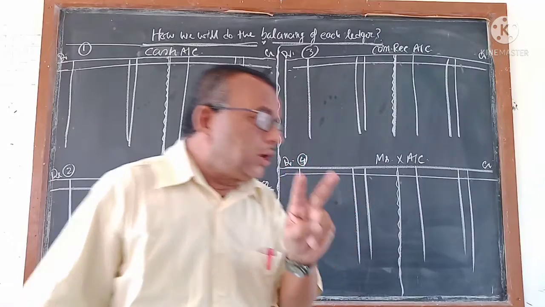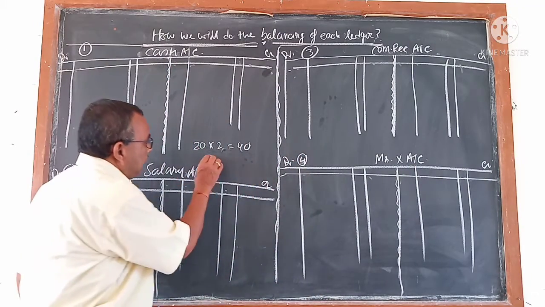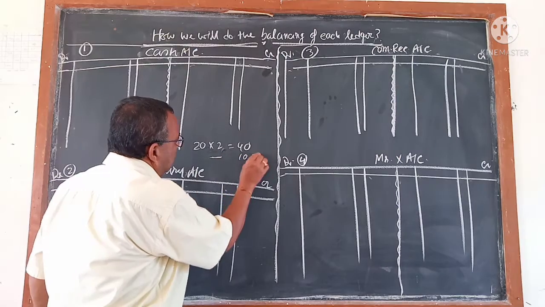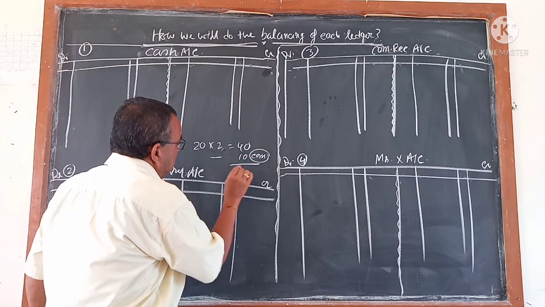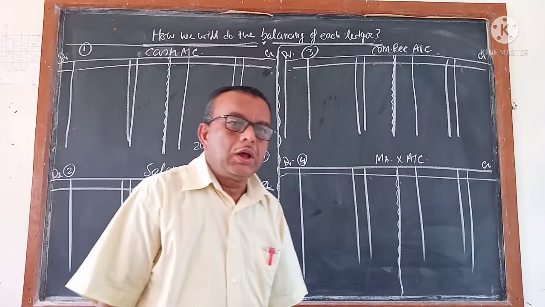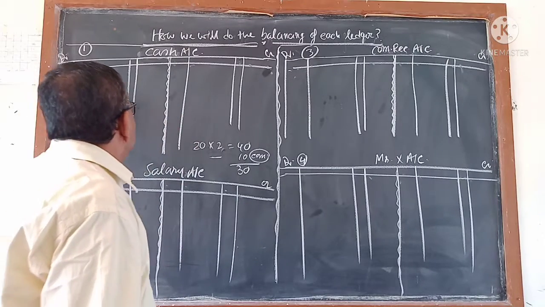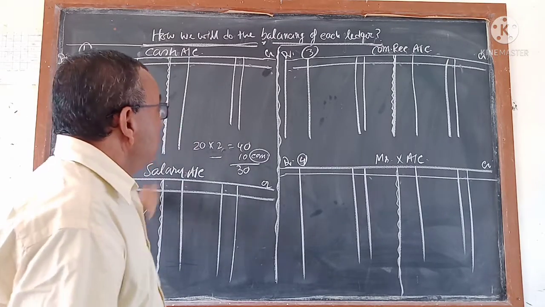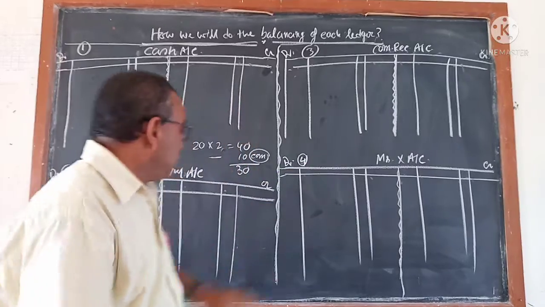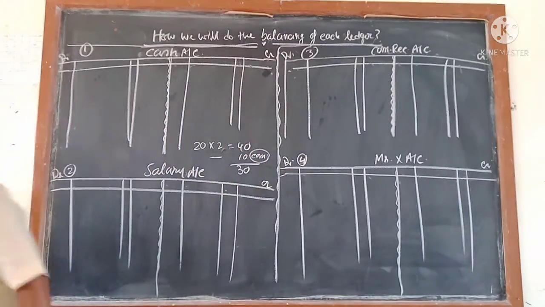Out of the 40 accounts, suppose 10 accounts are common, so 30 new accounts you have to open. And all these 30 accounts will be either number 1, number 2, number 3 or number 4. Out of these 4, any one option will come.